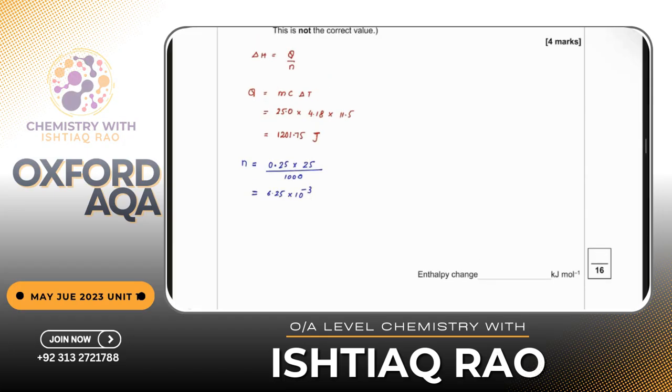Now I can use that formula Q upon N. Q is this, and I have to convert it into kilojoules by dividing by 1000. So the answer would be 1.201 around. Then I divide by the moles, 6.25 times 10 to the power of minus 3. I would be getting the delta H in negative, because it's exothermic.